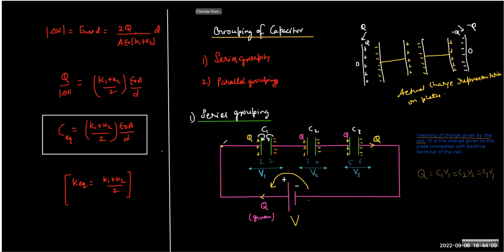So let's say this is at a potential X, this is at potential Y. If you go from X to Y through the bottom side, the difference itself is V, right?